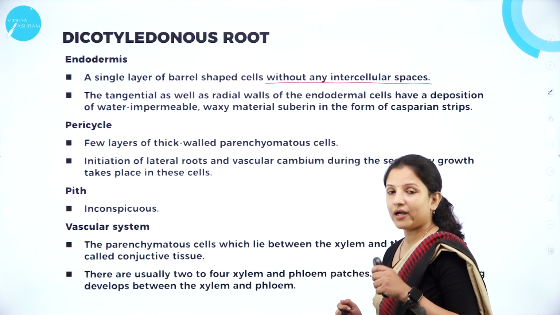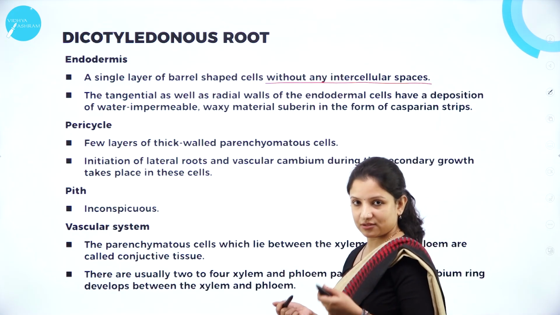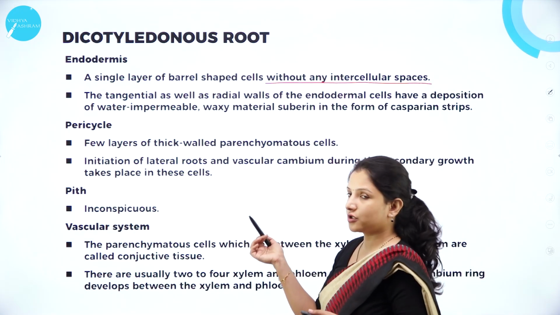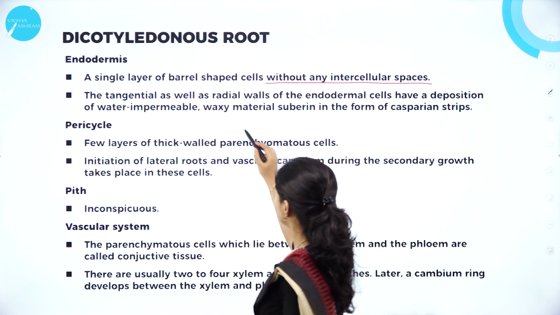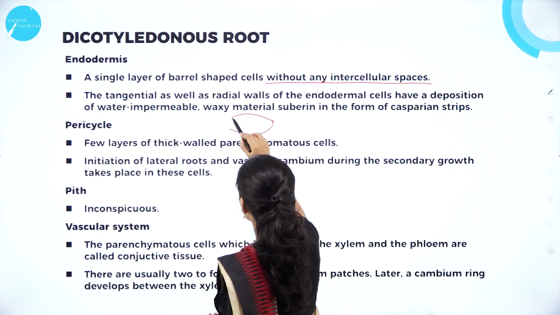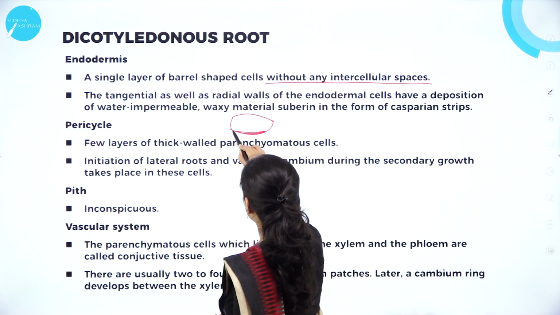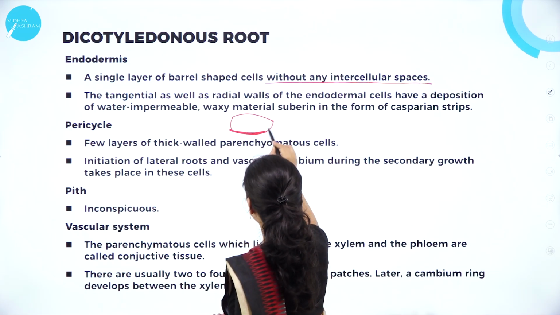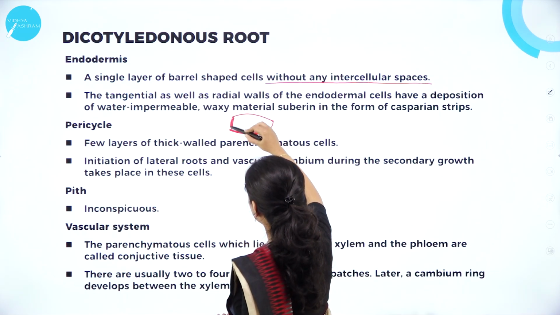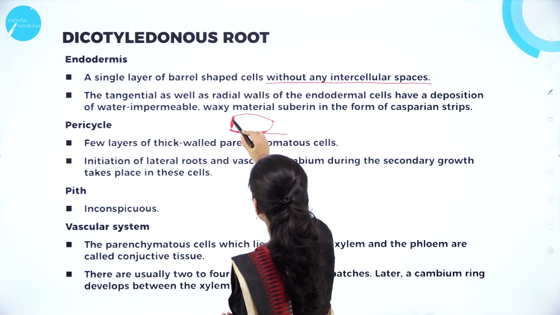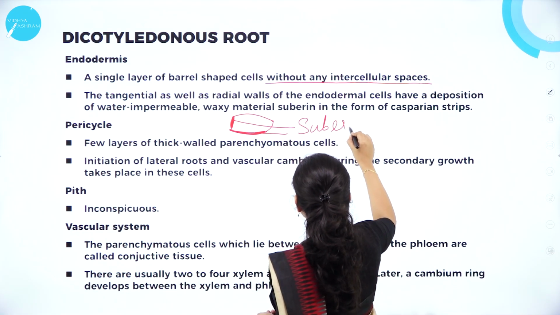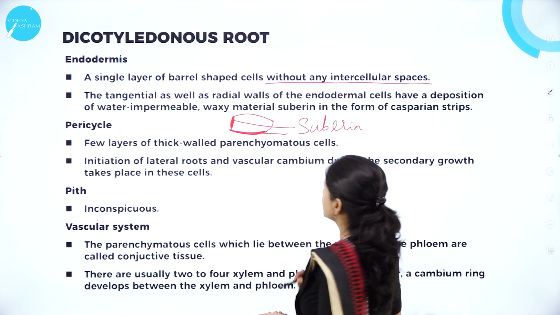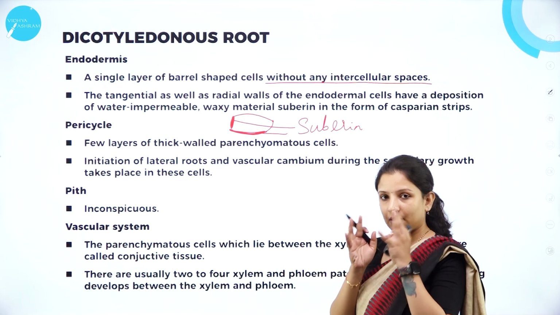But here, the reason there are no intercellular spaces is that in the endodermis, in the tangential as well as the radial wall, there is a compound called suberin that gets deposited.